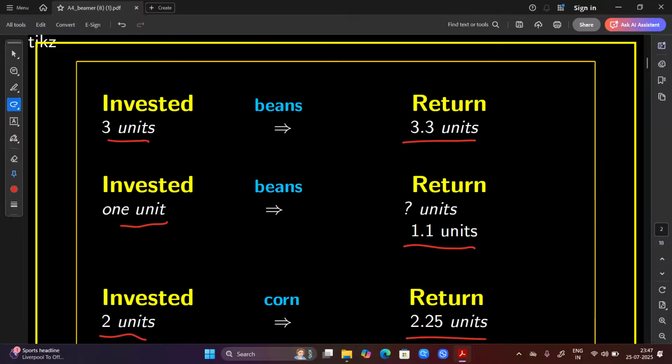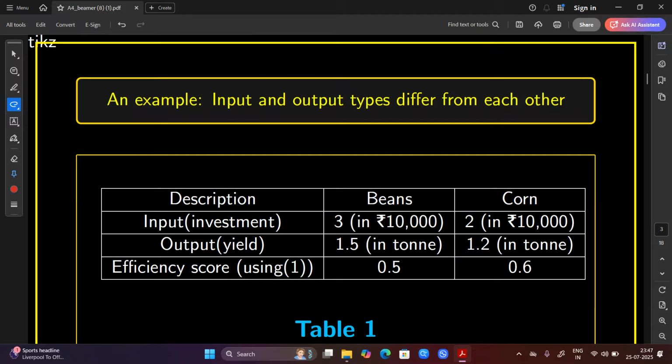Next, this is an example where input and output types differ from each other. What do we mean by this? Let us see. Input is the investment and output is the yield, that is quantity.